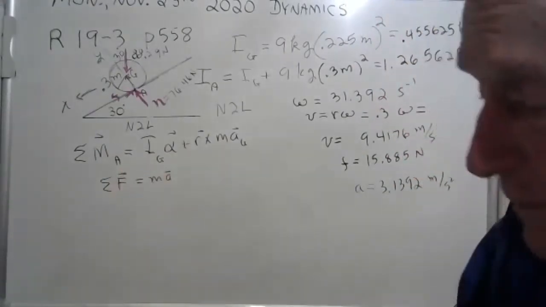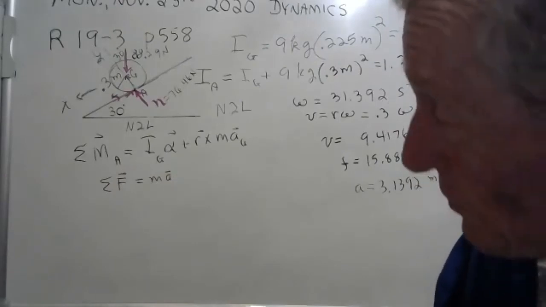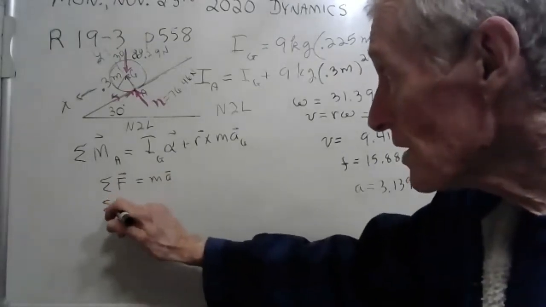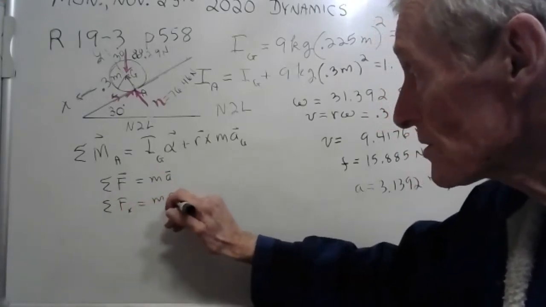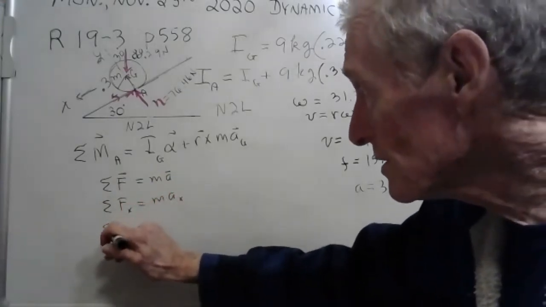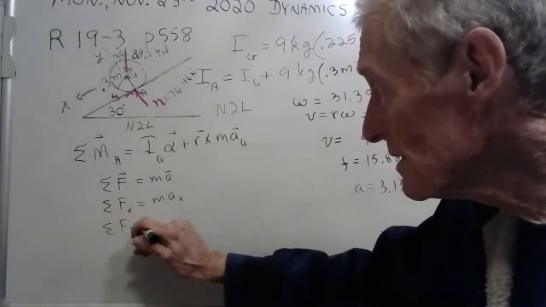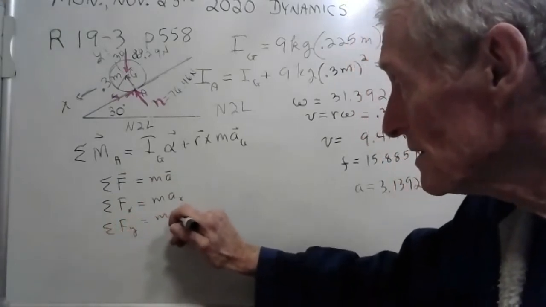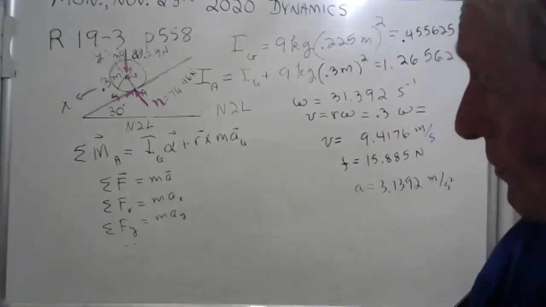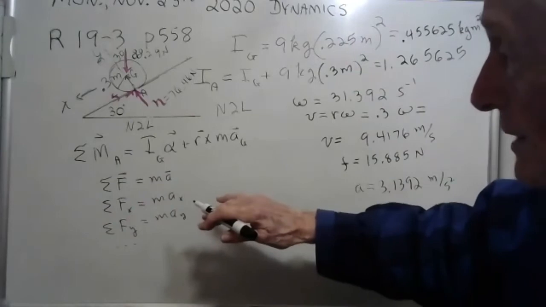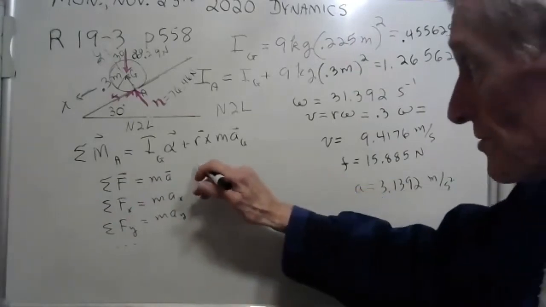Ta-da, there you go. And you know, even that one can be written as components. They can be written as components. And you could even do a Z component, but there's also this one.